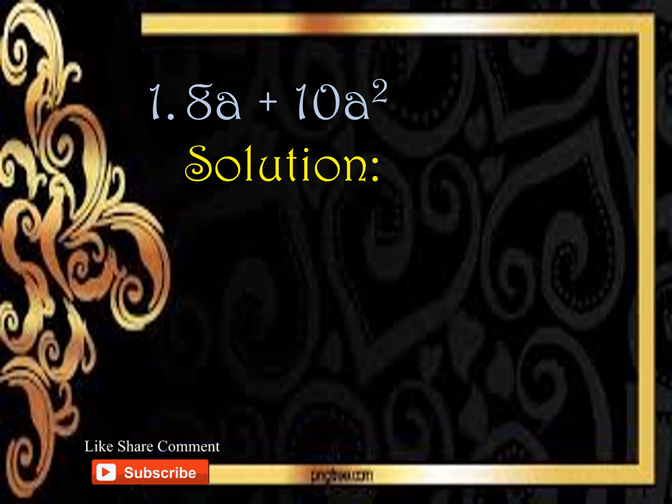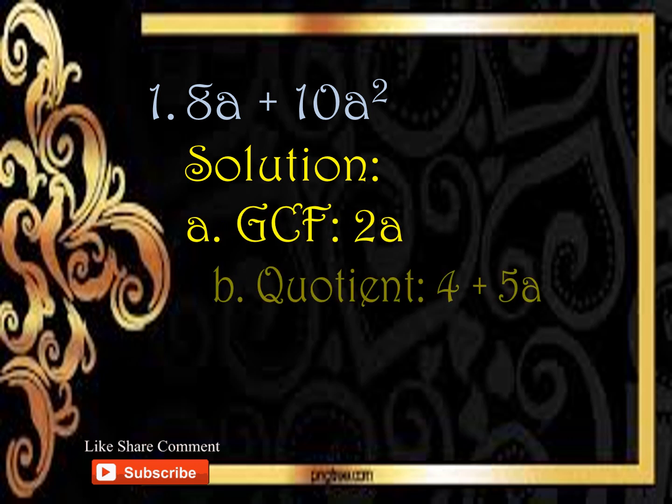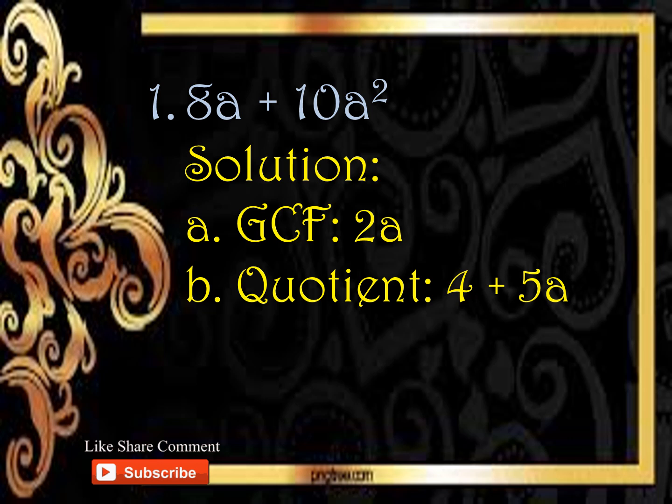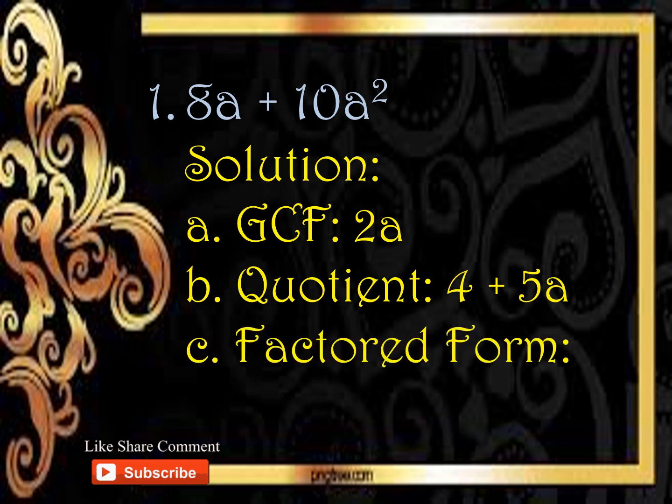The GCF of 8a plus 10a squared is equal to 2a, and its quotient is equal to 4 plus 5a. So the factor form of 8a plus 10a squared is equal to 2a times quantity 4 plus 5a.